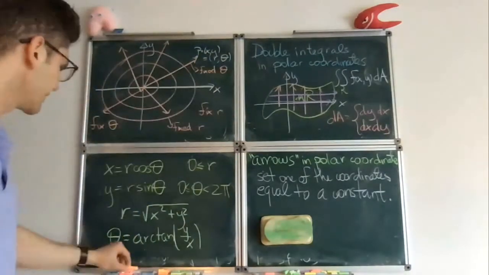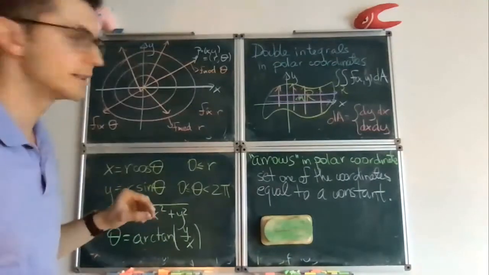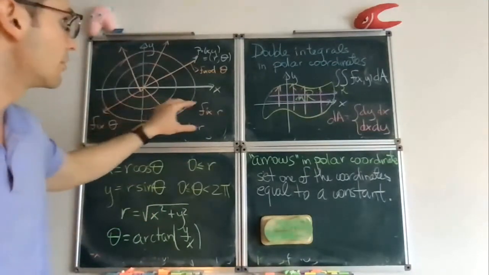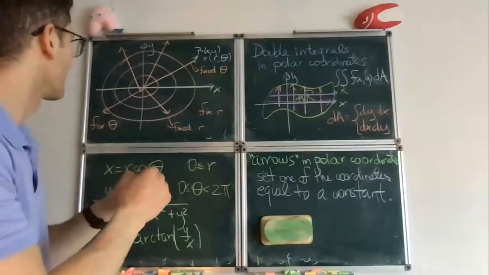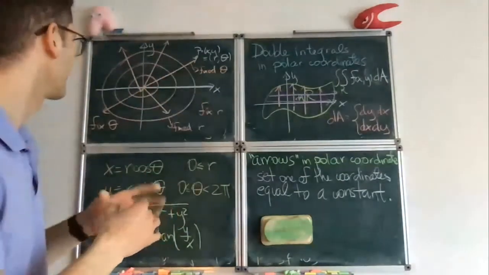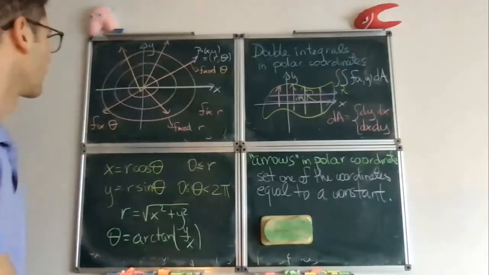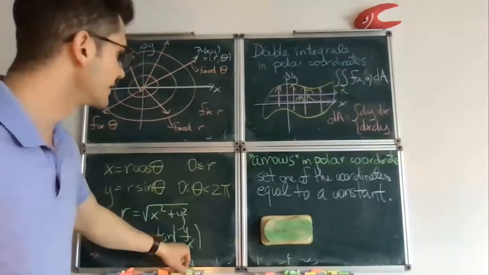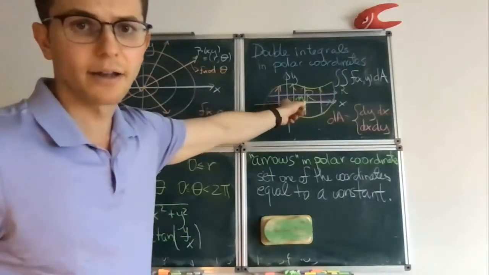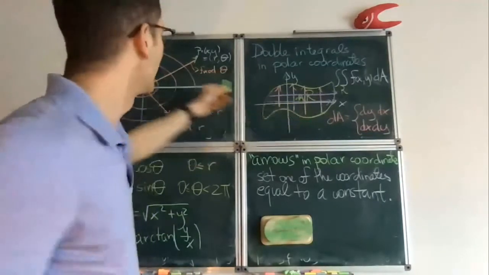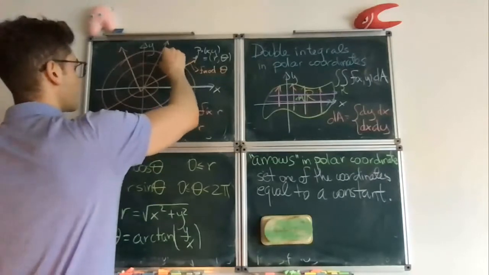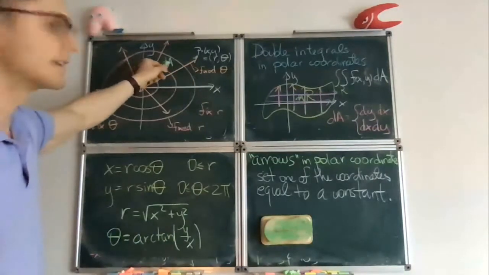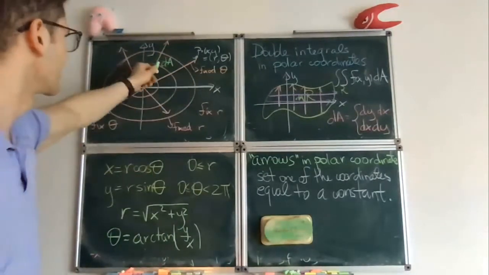So what I'm trying to say here is that the arrows in this context are no longer parallel to the x and y axis, but rather they're either rays emanating from the origin or they are like circles. Okay? And so instead of having this little piece of area, which was a rectangle, now you have a little piece of area which is this circular region or circular sector.